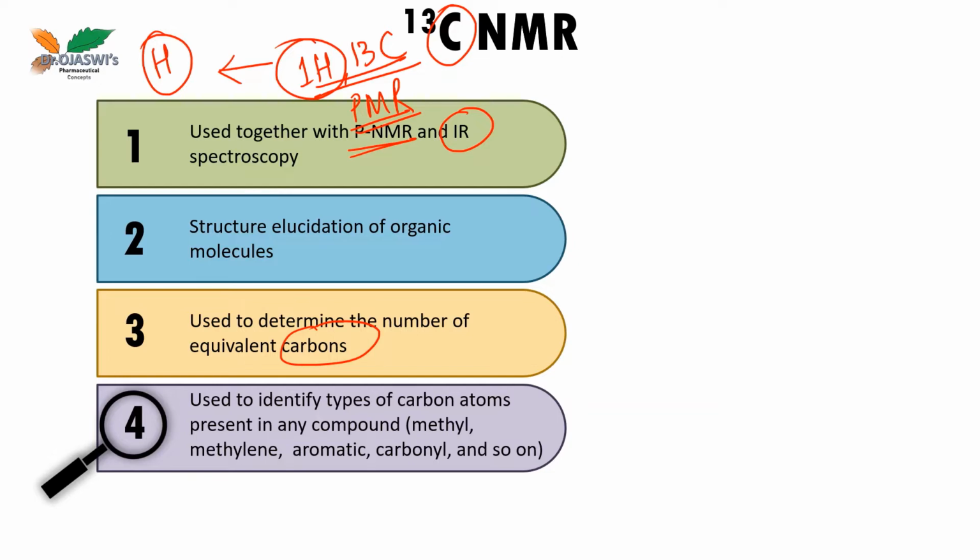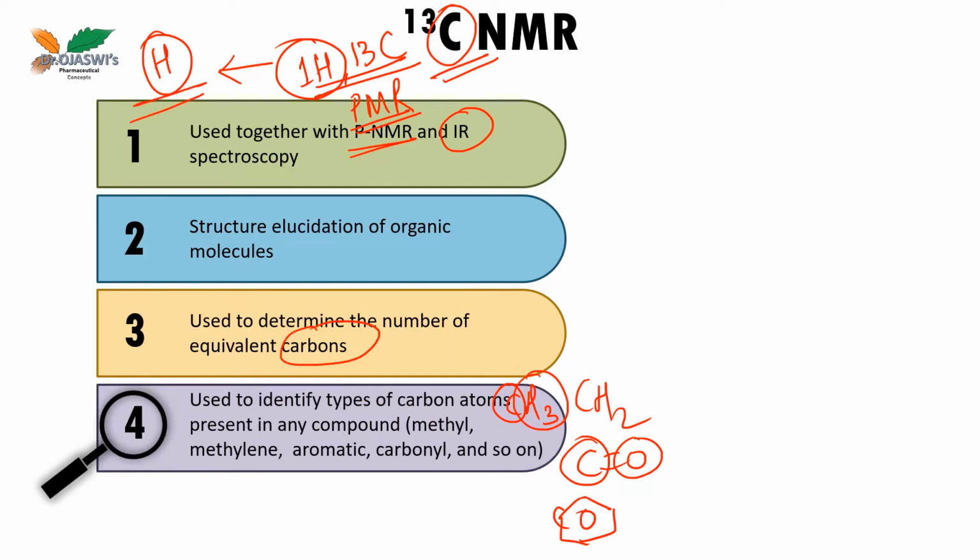That carbon could be present in the form of methyl, methylene, aromatic or carbonyl and so on. So where exactly this particular carbon is located in the particular structure, what are the other atoms attached to that particular carbon, all this information we get from 13C NMR, exactly similar to 1H NMR.